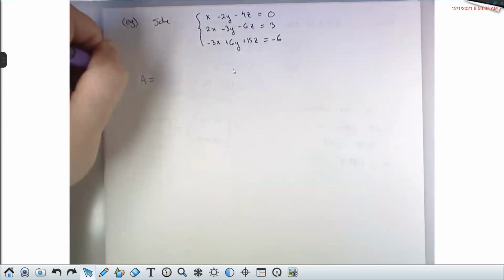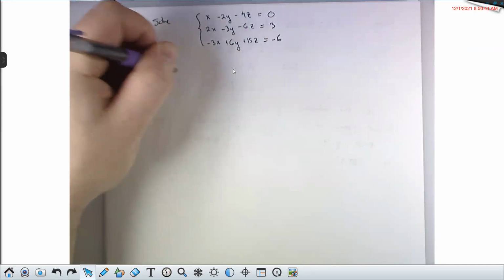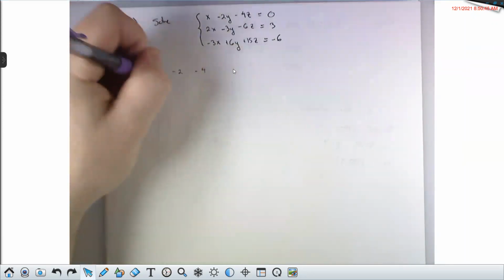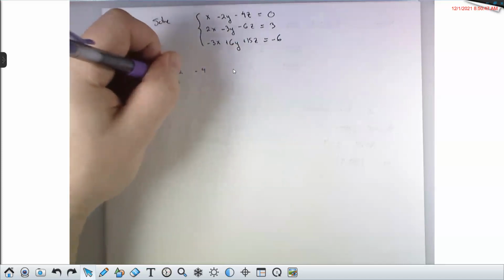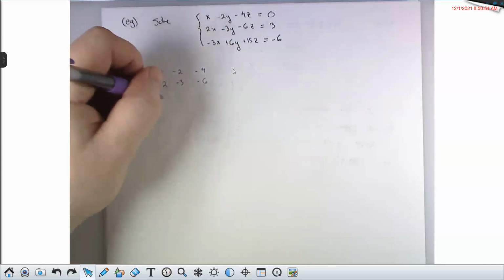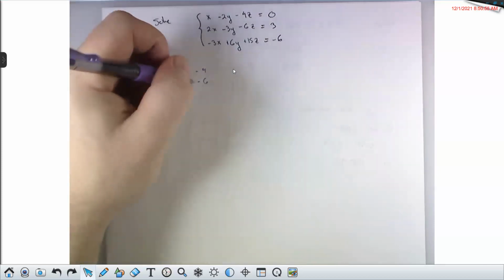Let A be the coefficient matrix: 1, -2, -4; 2, -3, -6; -3, 6, 15.